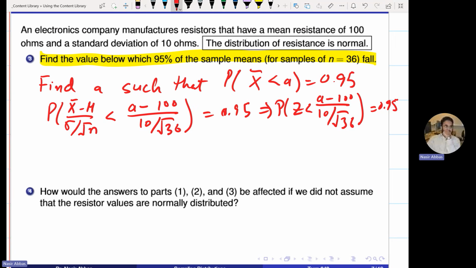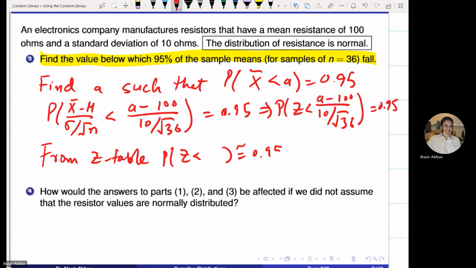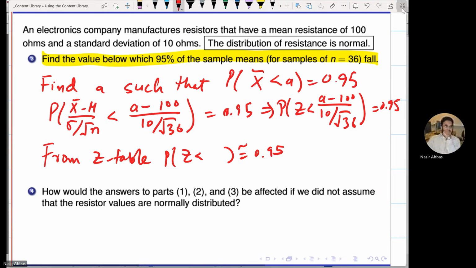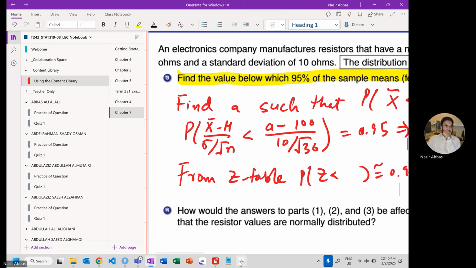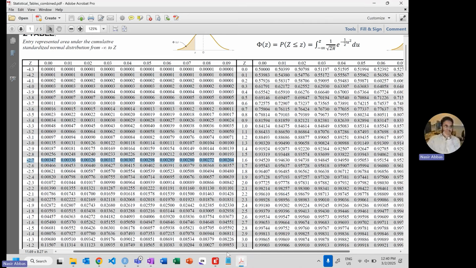Now go to the Z table and find the value below which the area is 0.95. Probability of Z less than what is 0.95? Look for 0.95 inside the table.